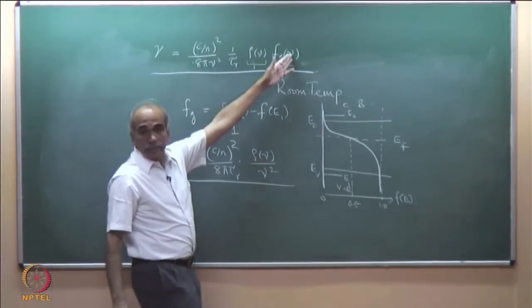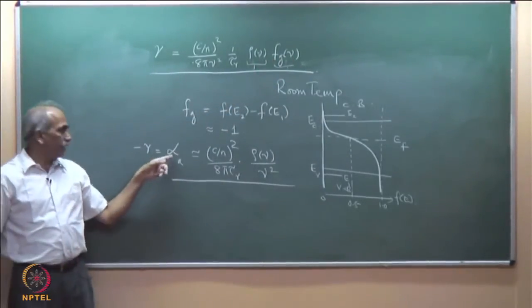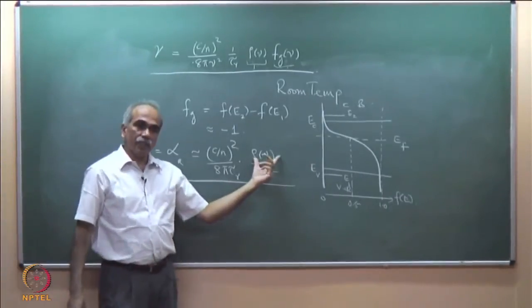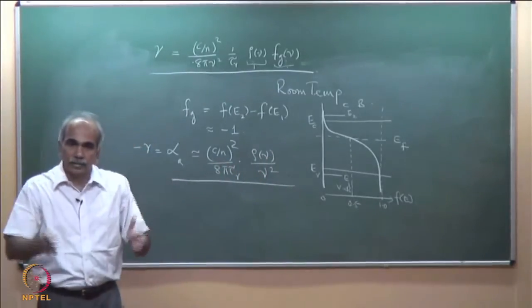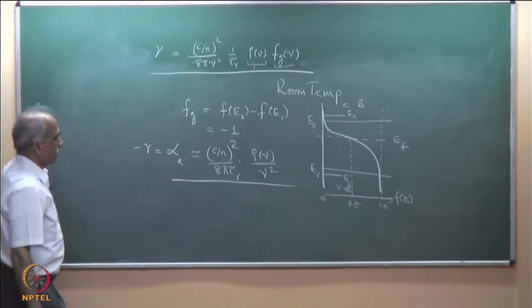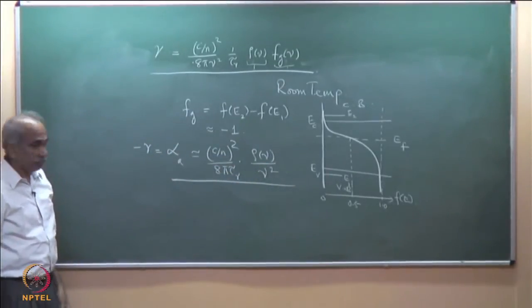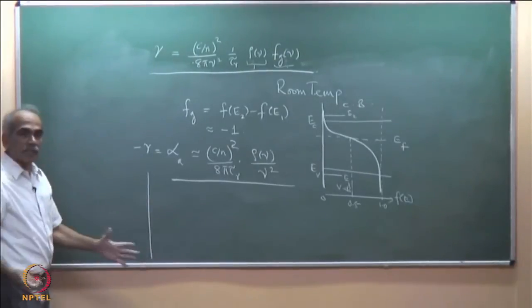Fg of nu I have written as minus 1. So the minus sign was there, and that is the attenuation coefficient. For a quantum well structure, rho nu is a constant, it is a step function up to a certain energy. So what kind of attenuation spectrum would you observe? So let me plot the attenuation spectrum. What is expected?